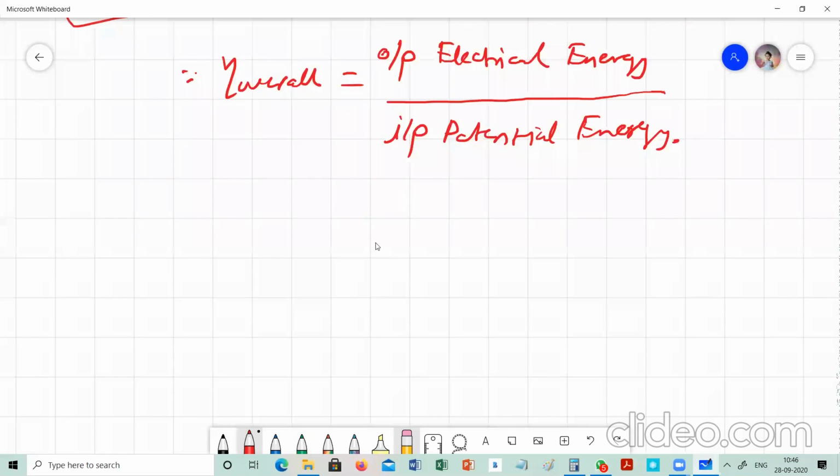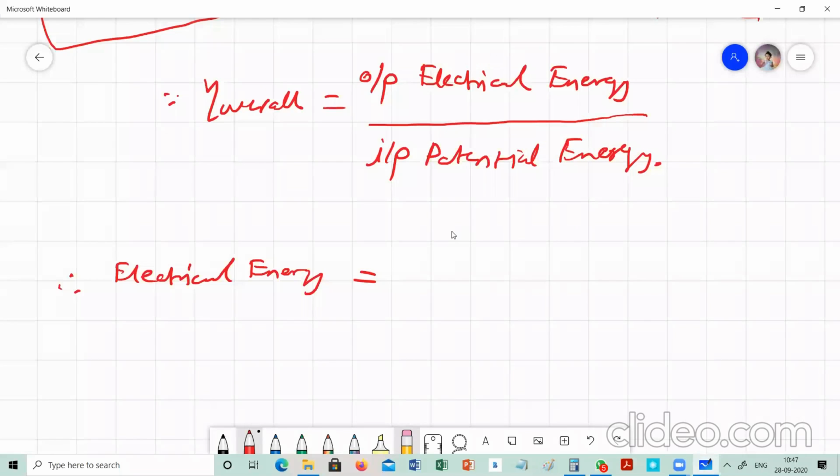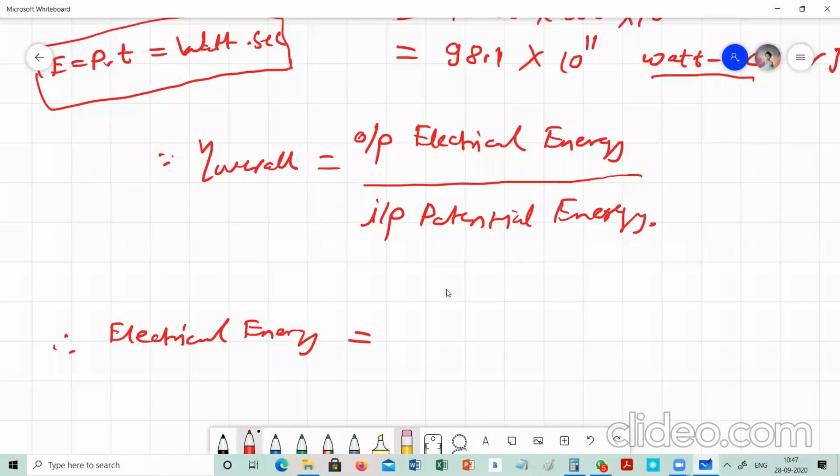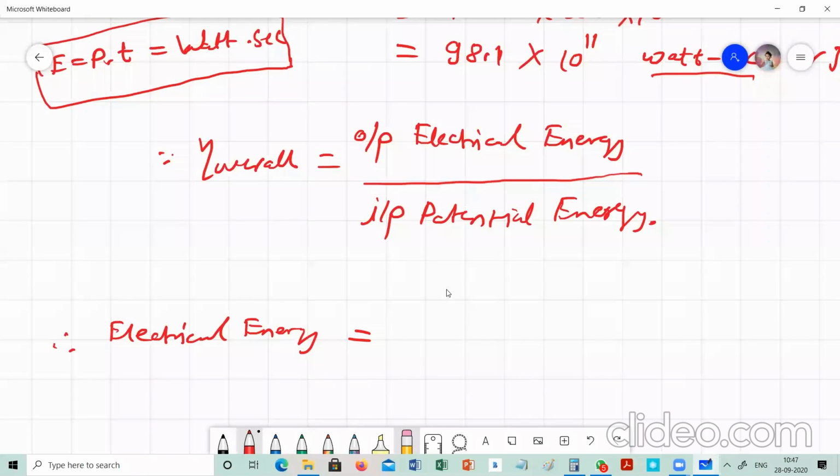Therefore electrical energy is equal to the potential energy, which is 98.1 into 10 raised to 11, into overall efficiency, they are given 0.75 or 75%.